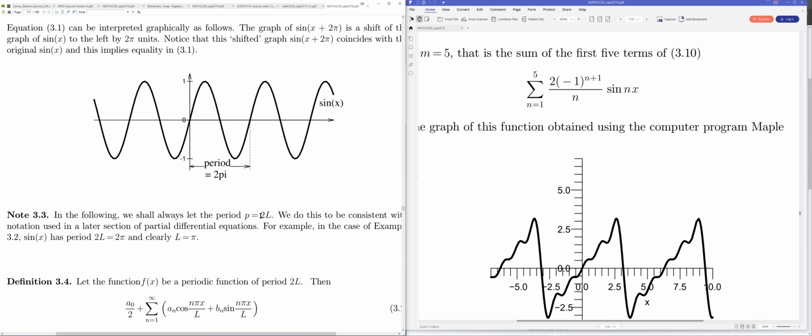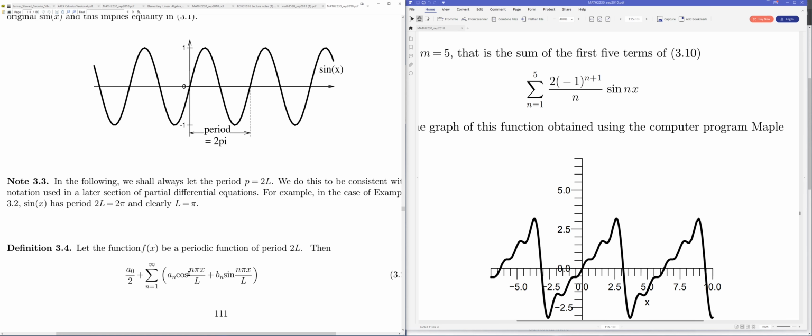We do that because it will save us some headaches when we get the formula for the Fourier series. This extra 2 comes in handy because then we won't need to have halves floating around the place. So for Fourier series, we denote the period as 2L.